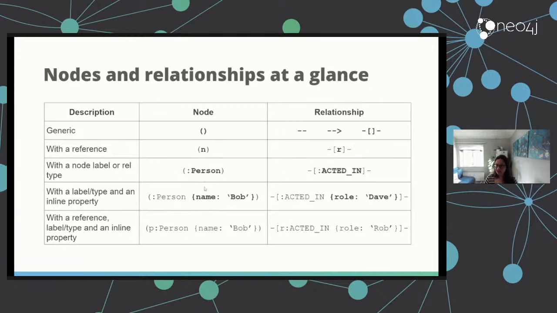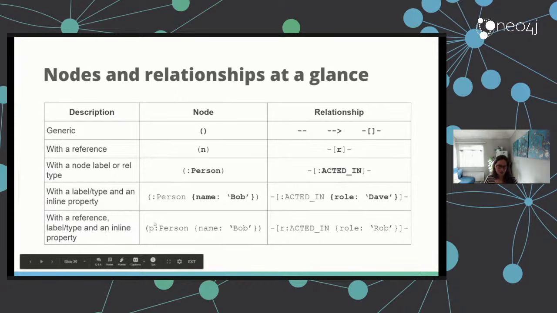We use a key-value pair setup. In this example, this is the key, which is name, and then the colon, and then here I've got a string for Bob. Or for this example, for a relationship where I'm looking at role, again the same pattern. And if I want a reference to a specific node with a specific label and a property, or a reference to a relationship with a specific type and a specific property, then we do this.